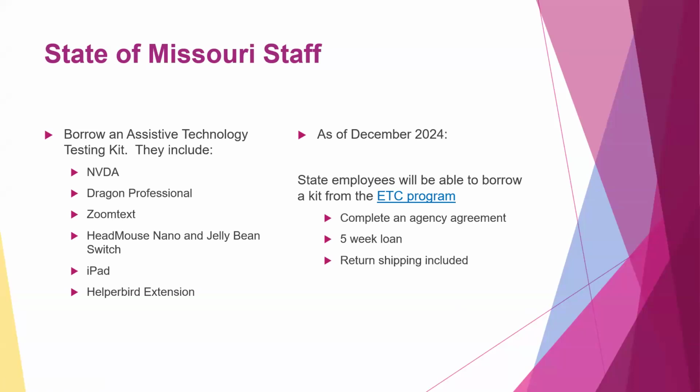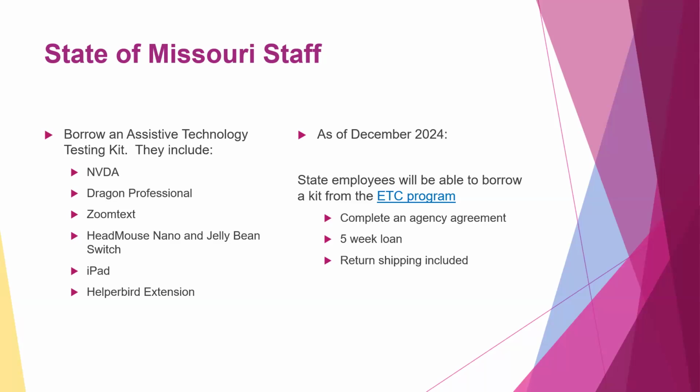One of the things we in Missouri are going to be doing is allowing state employees to borrow an AT testing kit for testing websites. This will be available this year. We will have these software packages on laptops, and we'll have devices available to be plugged in. We're including in our testing kits, and in the series, NVDA, a screen reader. We will include voice activated software, Dragon Professional.